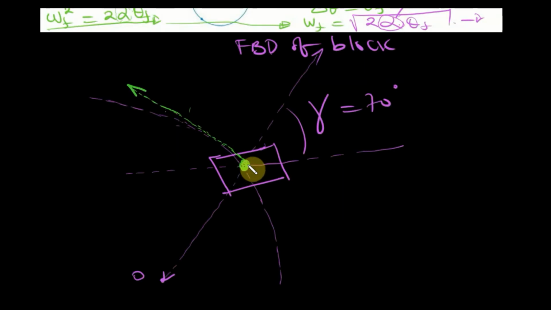Let's just make this big like that. So that is perpendicular to the normal axis. Positive is in this direction for the normal axis, and that is the tangential axis, tangential to the curve or the path of the particle.